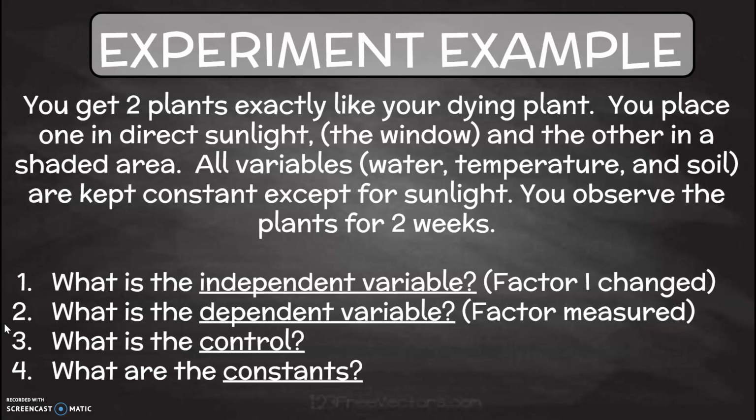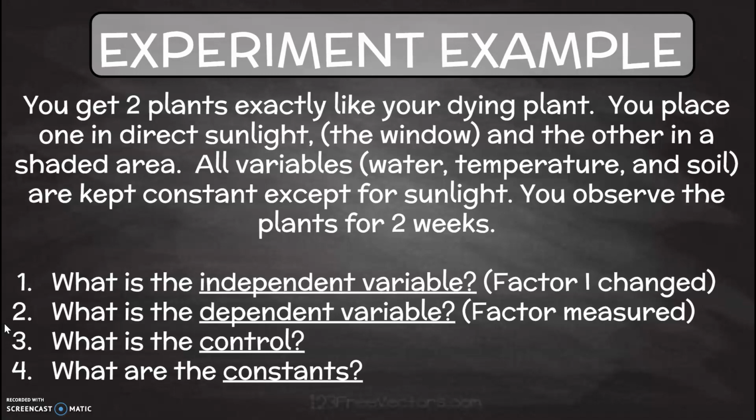The change that I would be having in my experiment was the amount of sunlight that the plants were getting. That's why one would be put in front of a window and one would be put in a closet or in the shade. All the other variables, such as how much water the plant gets, the temperature of the area it's in, and the soil that I use, are kept the same so that I only have that one change, the sunlight.